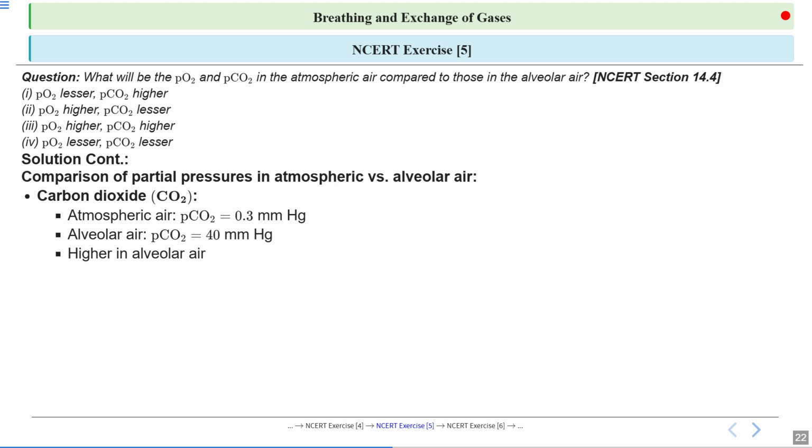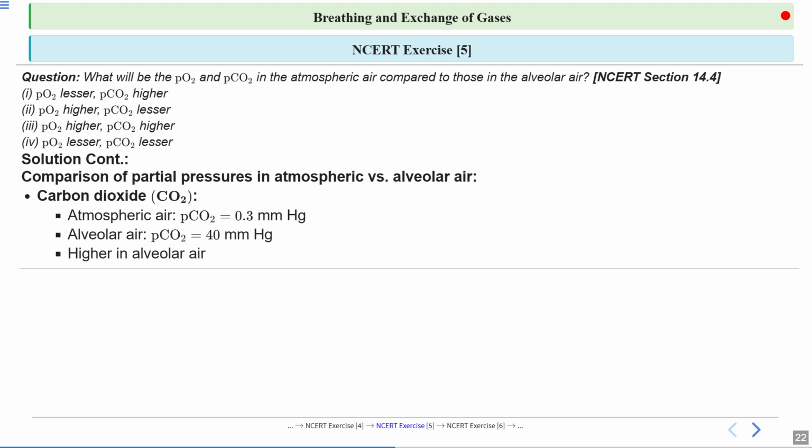But what will happen to the oxygen? The oxygen will move from the region of higher partial pressure to the lower partial pressure, right? So from the atmosphere, the oxygen comes inside the alveoli. In this way, the exchange of gases takes place between the alveoli and the atmosphere, right?